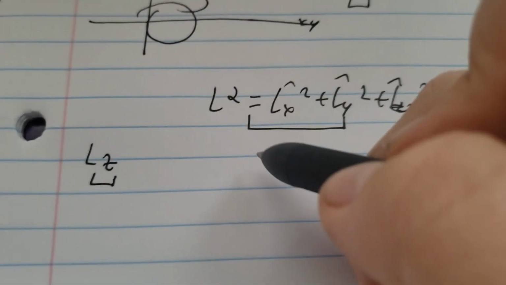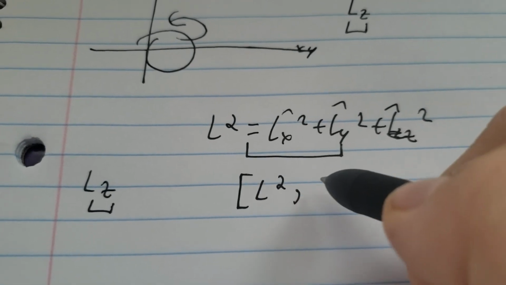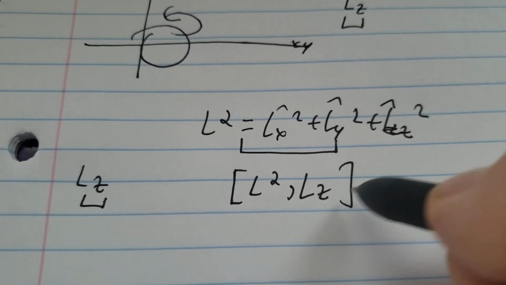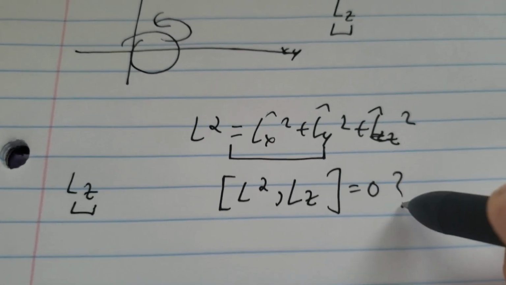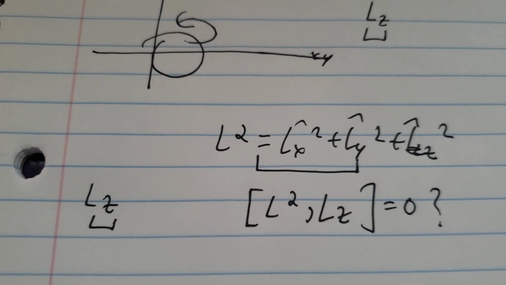In other words, is the commutator between L squared and L sub z equal to 0? If it's 0, then our answer is yes.